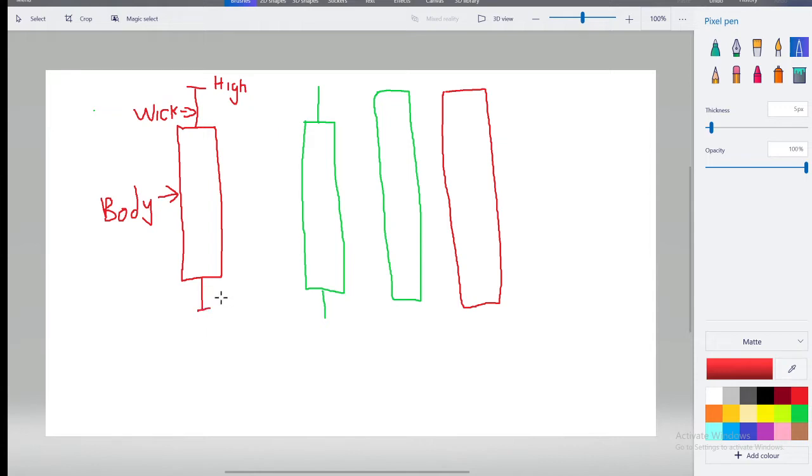This is the nose. This is the open. And this is the close.